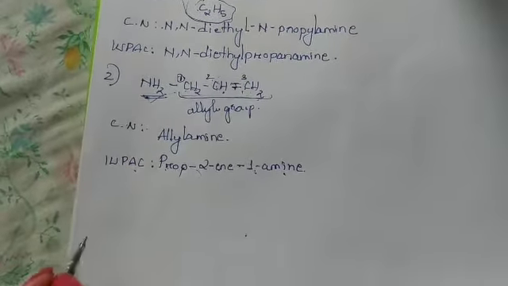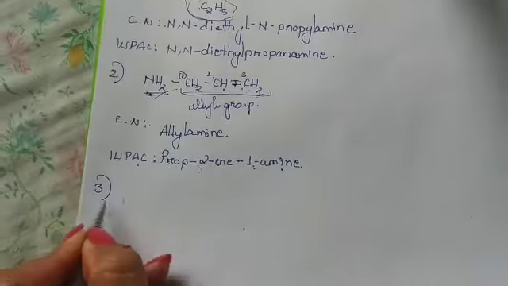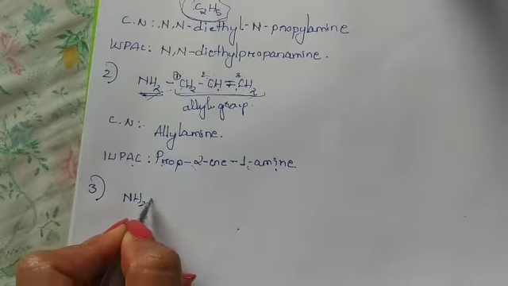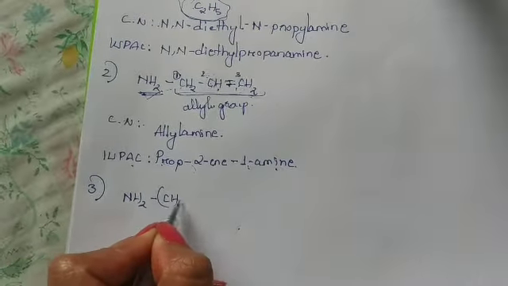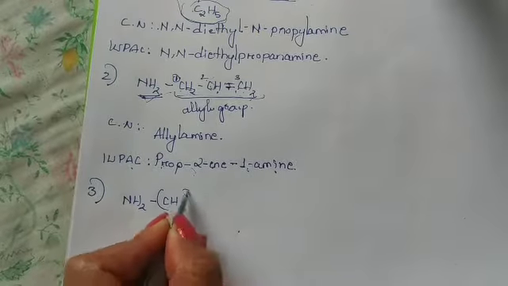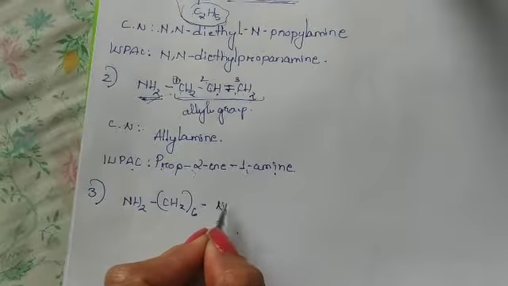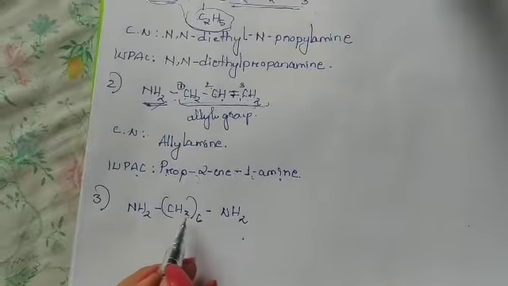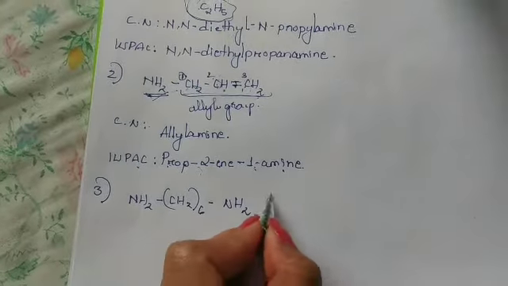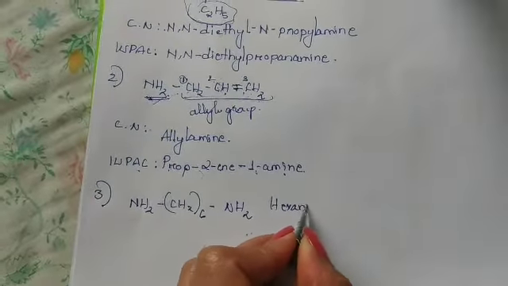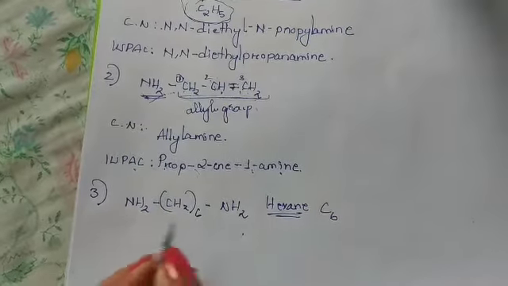Now the third example, NH2, CH2 six times, and then NH2. Now CH2 six times means hexane, 6 carbon atoms, C6.